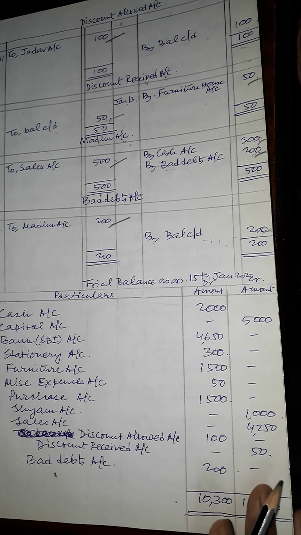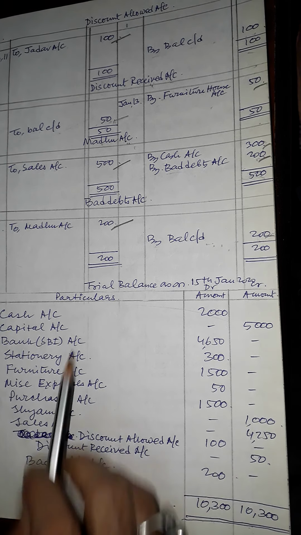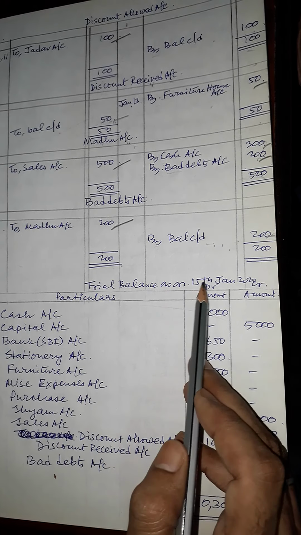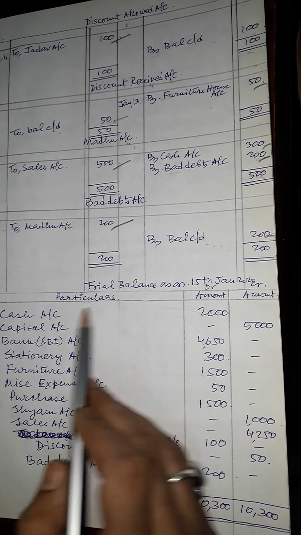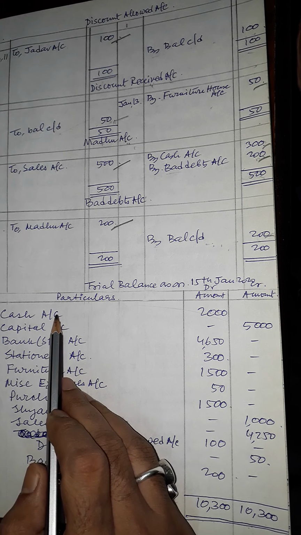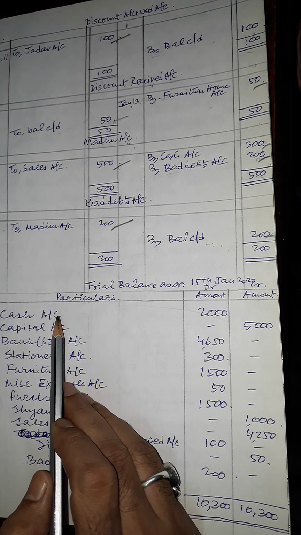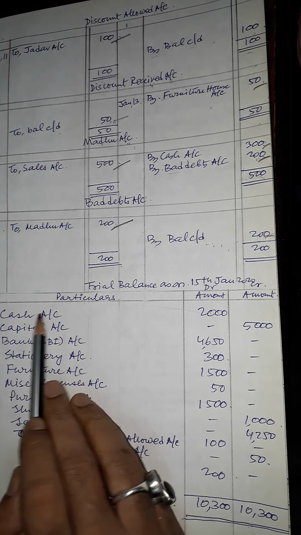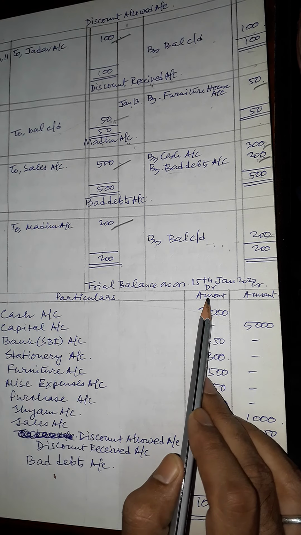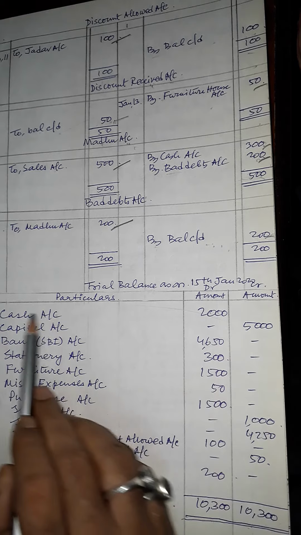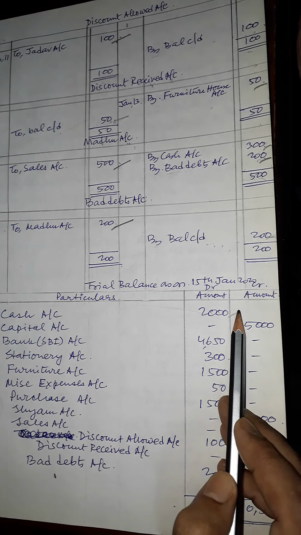So let us prepare a trial balance. Here we write trial balance as on 15 January 2020. Cash account, it appears in the credit side, the closing balance, so it is a debit balance. So we write it under the column debit amount. Cash account 2000 debit balance.